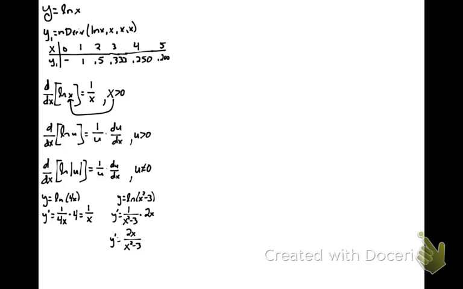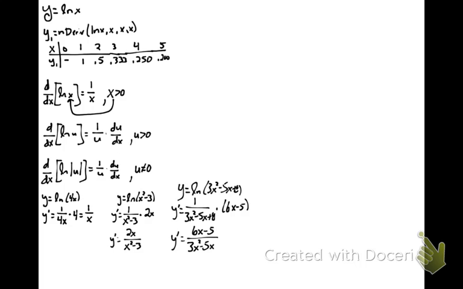Let's look at another example. What if y equals the natural log of 3x squared minus 5x plus 8? Well, the derivative of all natural logs is 1 over the argument, so 3x squared minus 5x plus 8, times, by the chain rule, in this case, 6x minus 5, or altogether 6x minus 5 over 3x squared minus 5x plus 8.